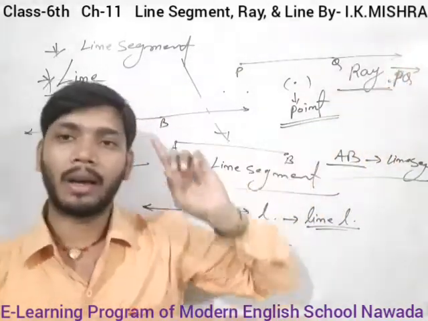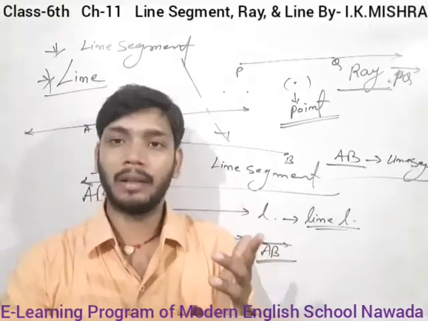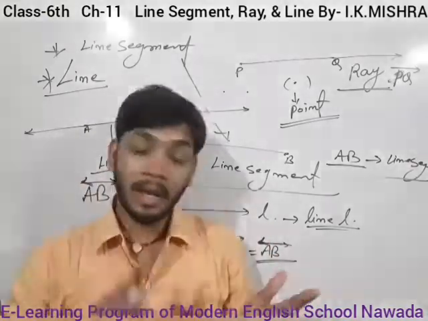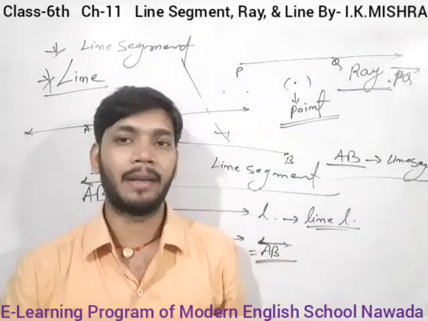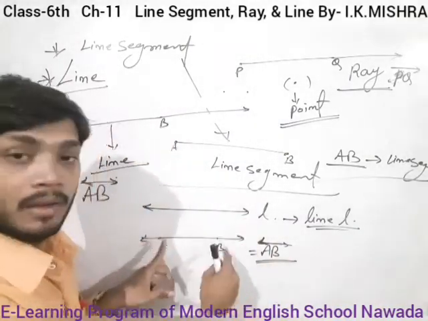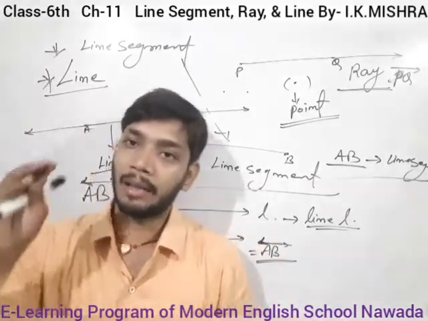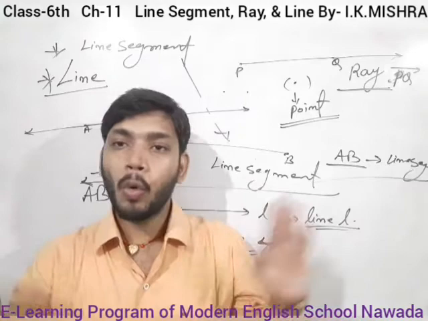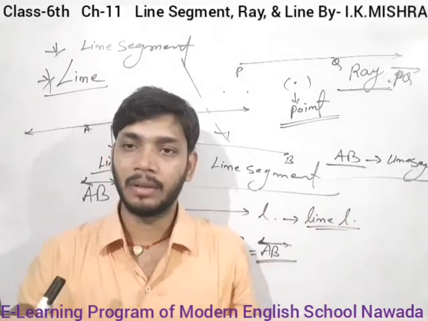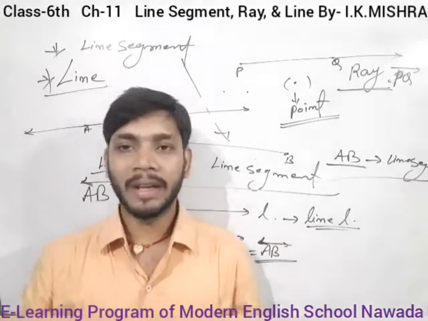So friends, always notice a line segment has 2 end points. A ray has 1 end point, and observe that in a line there are no end points. Clear, friends? Now proceed to know the next term.